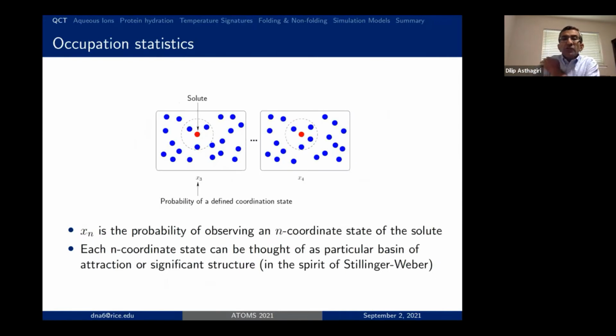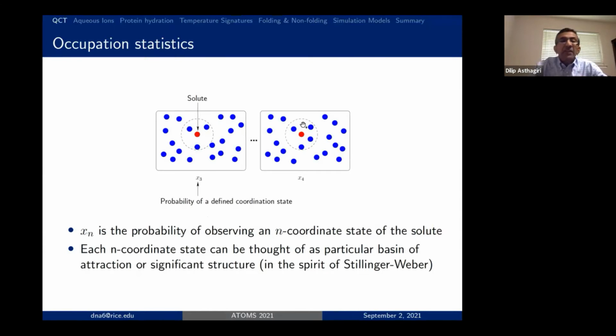So I'm going to focus on a neighborhood of the solute, and this range is going to be defined depending on the problem of interest. And I'm going to just sit there and poll the number of solvent particles that enter. For example, in this schematic shown here, there are 3 solvent particles. And in this schematic, there are 4 solvent particles.